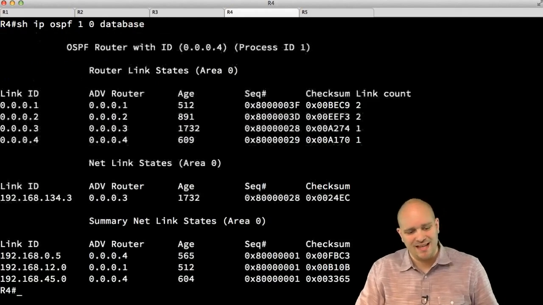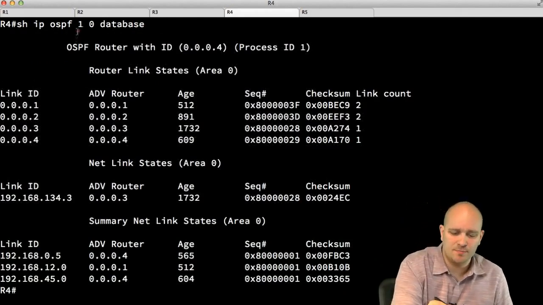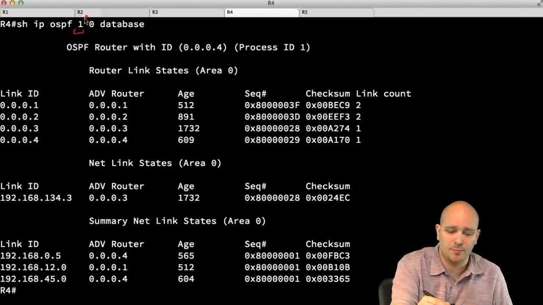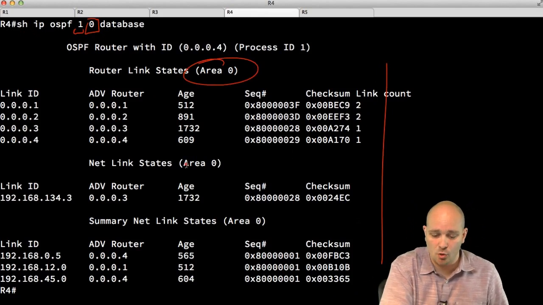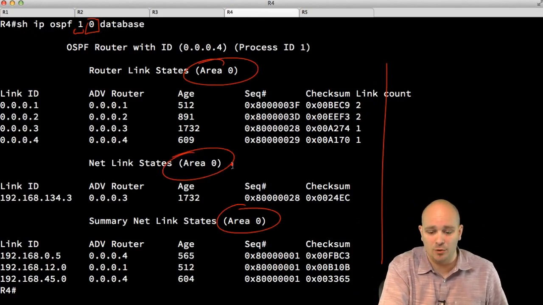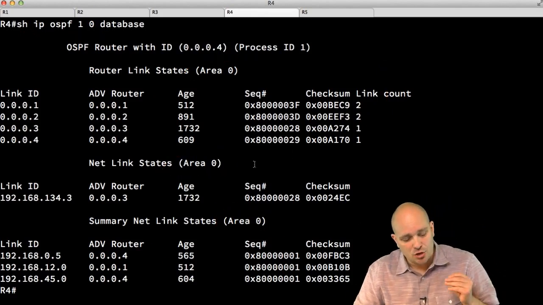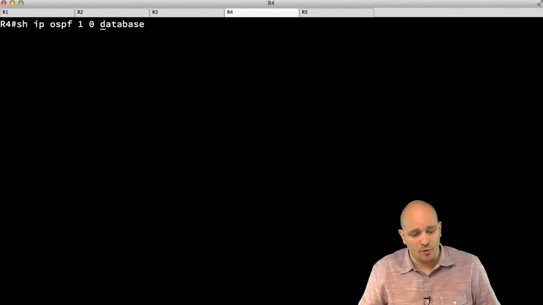I do apologize about that. So this syntax here simply means show ip ospf for process 1, show me the database for area 0. And here it is. We can see that this is only showing me information about area 0.